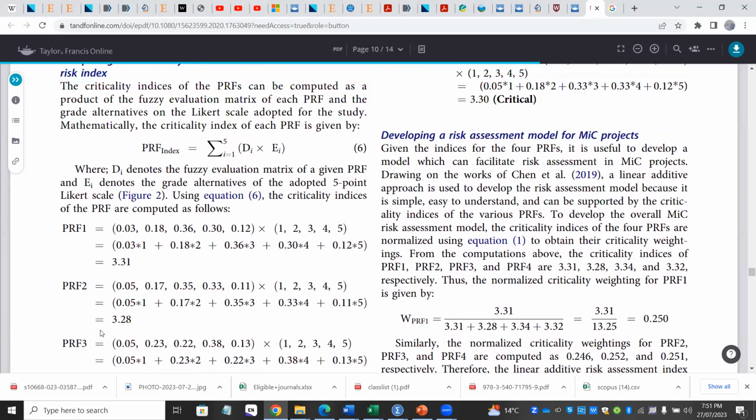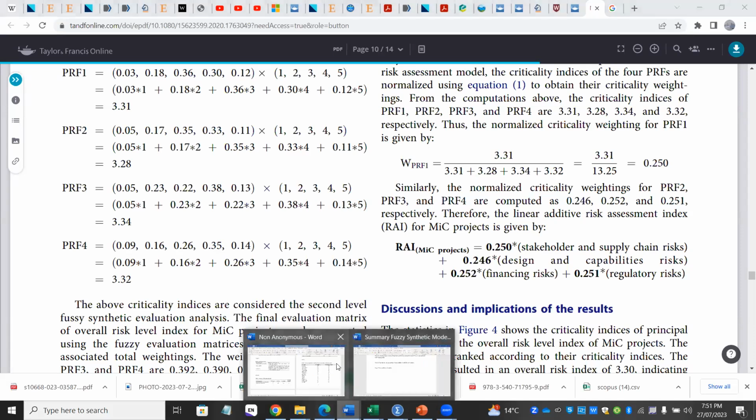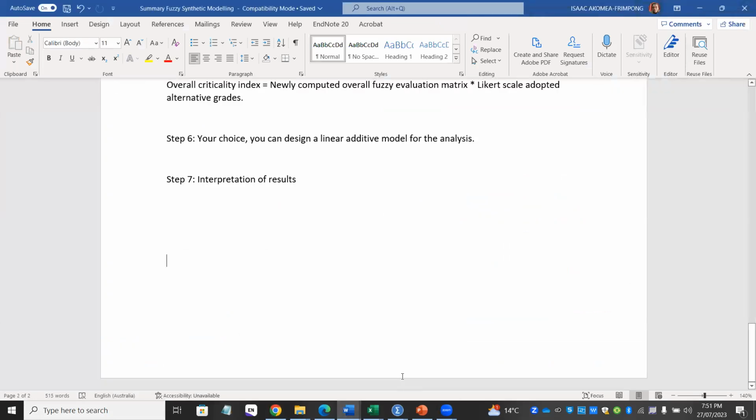Okay, so what he did was that he wanted to develop an assessment model for this. And with this assessment model, he came up with a linear additive risk assessment model. But in most studies I've seen, most studies don't come out with linear additive models. So here it's up to you. That's why when I set this up, I mentioned it in step 6.